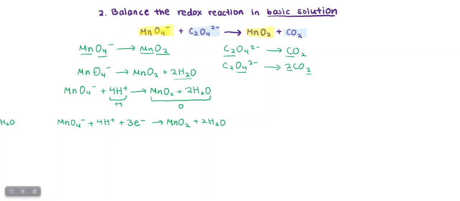For our other half reaction, we have a 2- here, and then 0 over here. So all we're going to do is add 2 electrons here to balance it out, so they're both 2- charge.